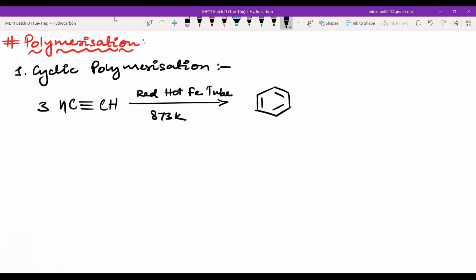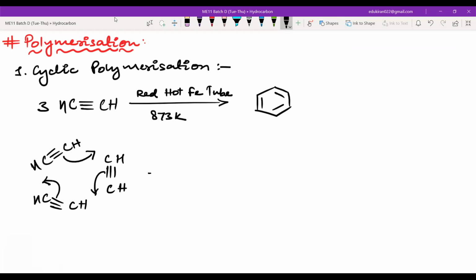Okay, so let us see how this reaction happens. You have CH triple bond CH, and then CH triple bond CH, and CH triple bond CH. Now, one of the bonds shifts between these two carbon atoms, and one of the bonds shifts between these two carbon atoms.